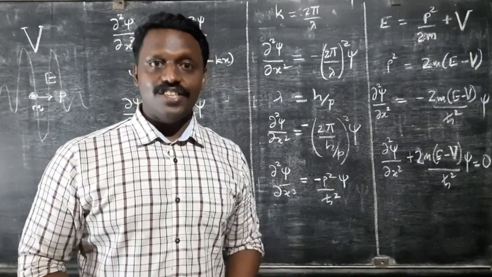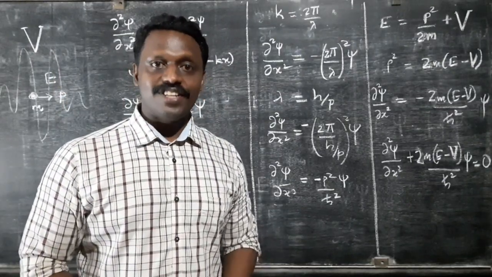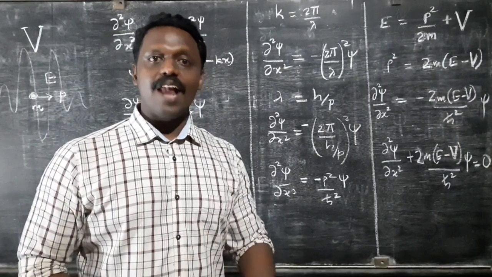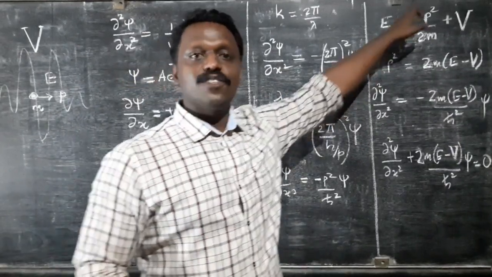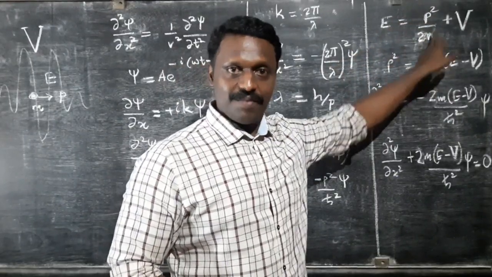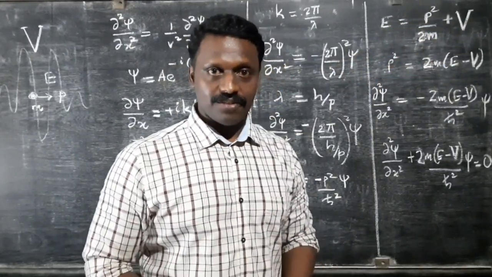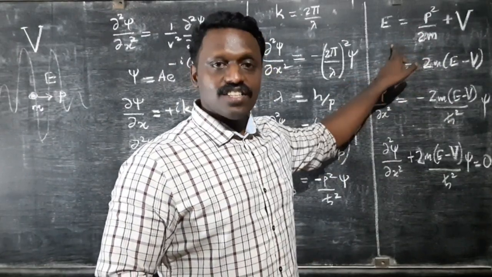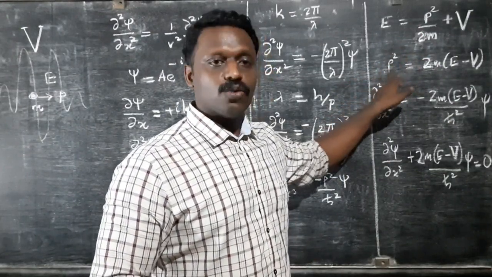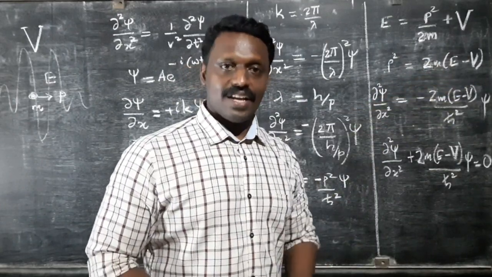The total energy of the particle can be expressed as the sum of kinetic and potential energies. So E = p²/2m, the kinetic energy, plus V, the potential energy. Now, rearranging this equation, we have p² = 2m(E - V).